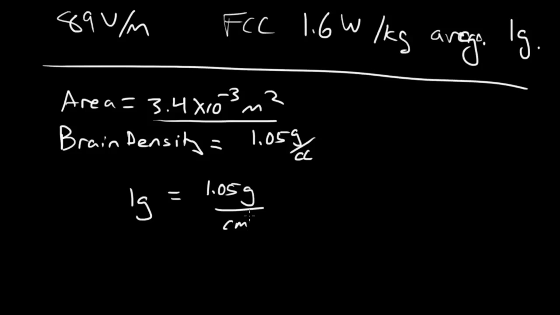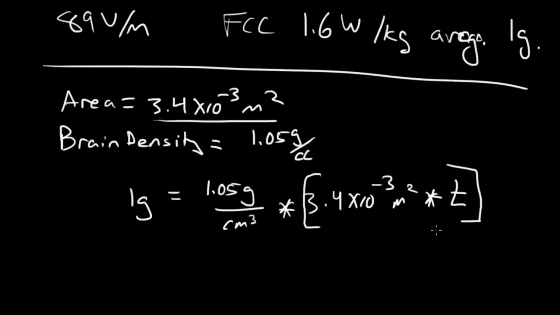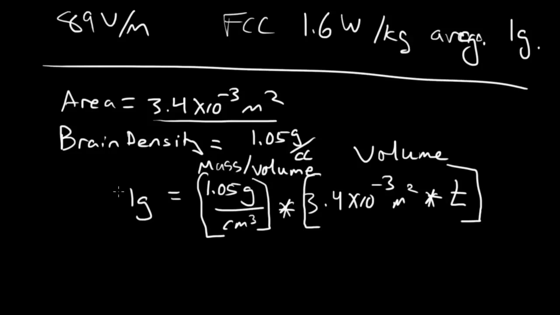I'm going to write it as centimeter cubed times 3.4 times 10 to the minus third meters squared times thickness T, which is in meters. This is the volume. This is the mass per unit volume, for volume. And this is the mass.